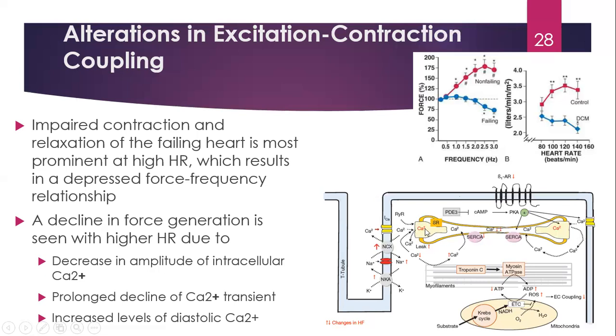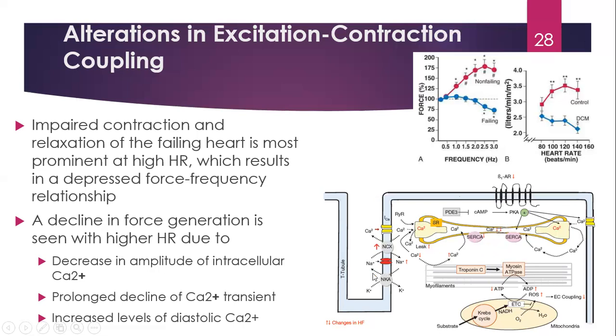So when the ryanodine receptors are activated, they do not release a high amount of calcium because there is a high resting concentration of calcium. The failing heart also has poor performance of the sarcoplasmic reticulum calcium ATPase, which is responsible for taking away the calcium during relaxation. So both contraction and relaxation are affected.